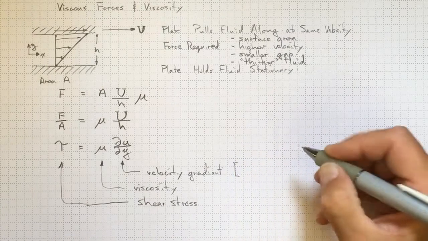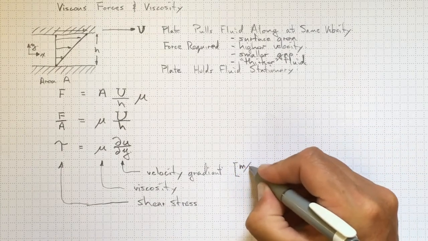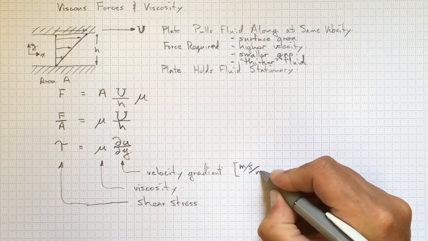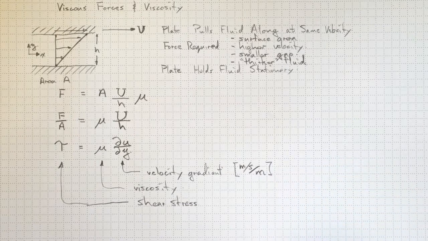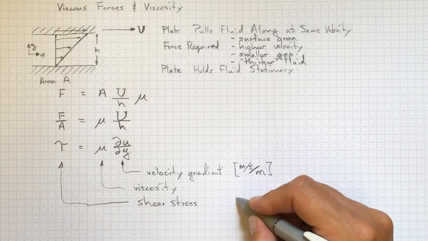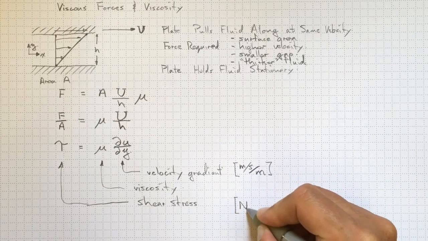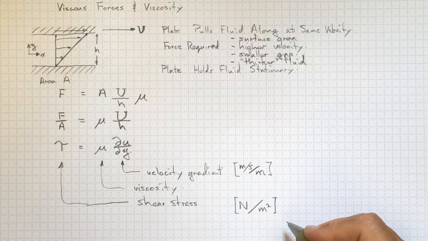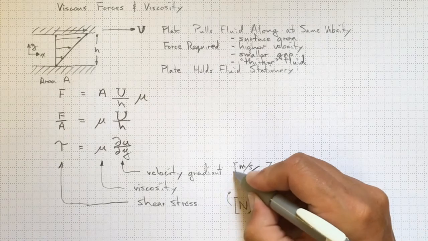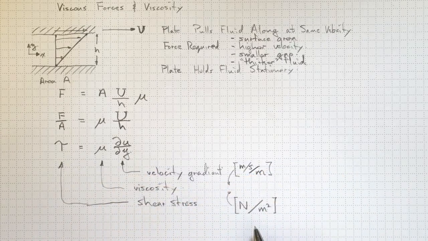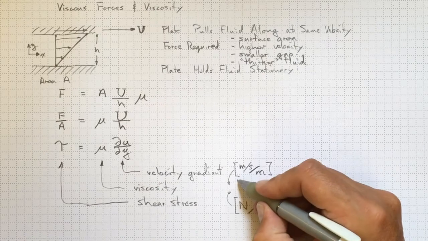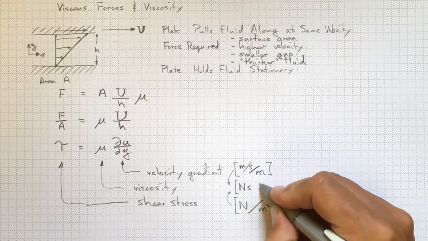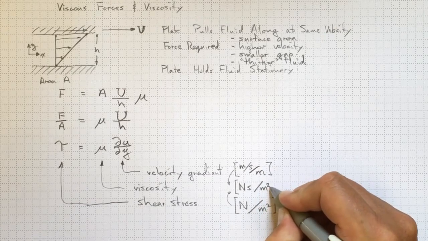The units for velocity gradient, well, velocity is meters per second, and the distance delta y is in meters, so that's meters per second per meter. The shear stress will be in units of force, so newtons, divided by area, meters squared. That'll give us those units. And by looking at those and at this formula here and requiring it to be dimensionally consistent, we'll wind up with units for viscosity of Newton seconds per square meter.